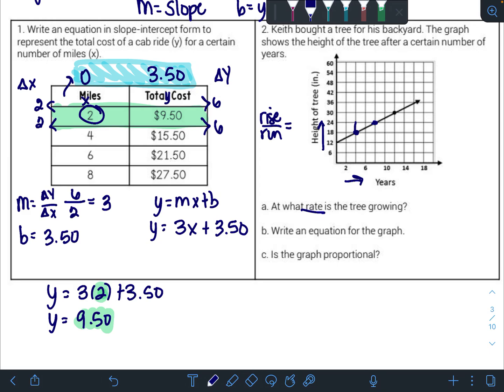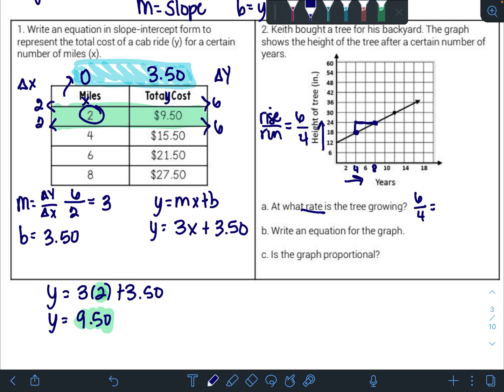No, just kidding. I'm rising 6. I can't count. I'm rising 6, and I am running. If you notice each of these, it's 2, 4, 6, 8. So I am running 4. So I have 6 over 4 is my slope.